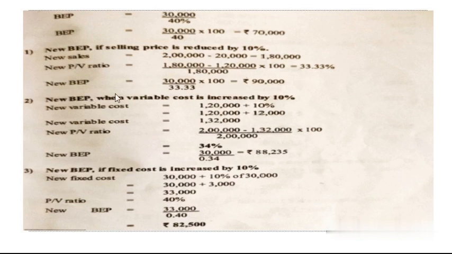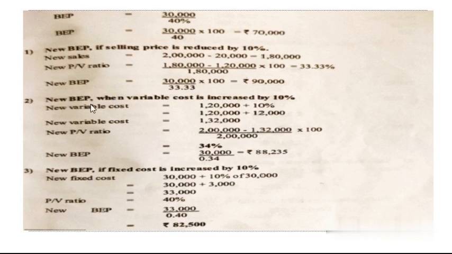Now we will calculate the break-even point. The formula is fixed cost divided by PV ratio. Fixed cost is 30,000 divided by 33.33 into 100 will give you 90,000. So 90,000 is the break-even point if selling price is reduced by 10%.